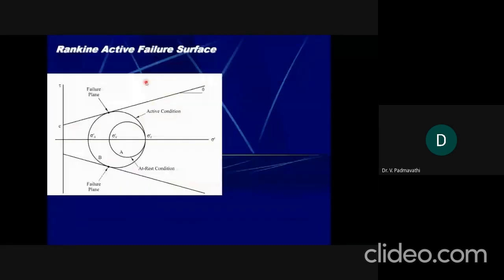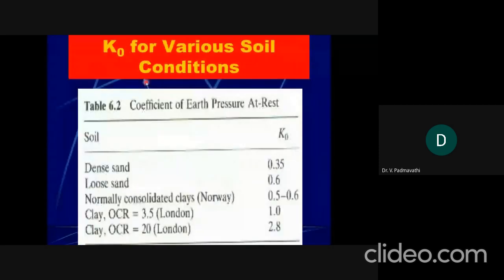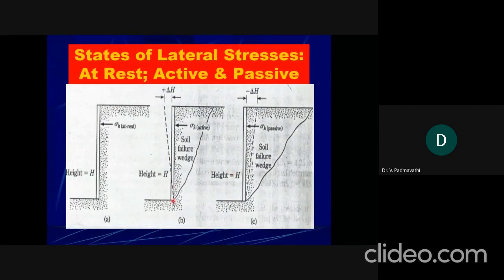I have to go back here. You can see this failure. In case of active pressure, you can see the failure zone. Here, this is the failure zone. Here, this is the passive failure zone.